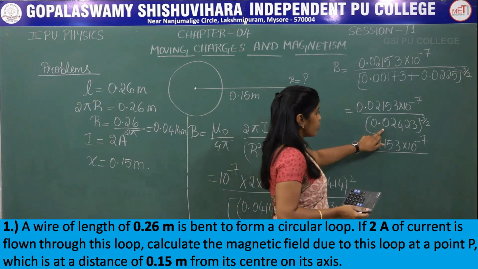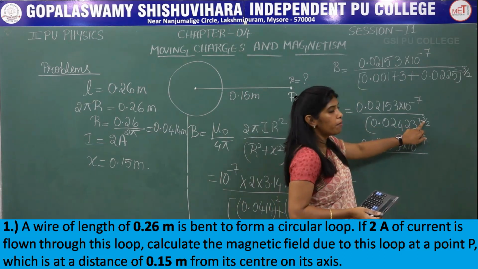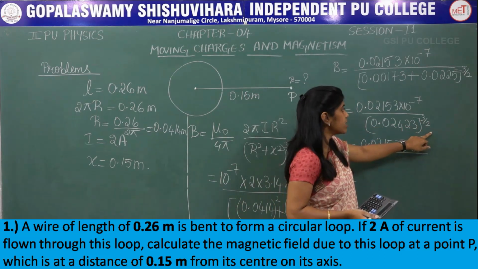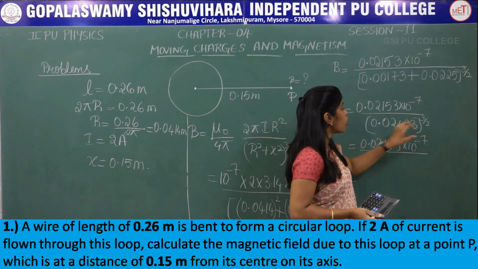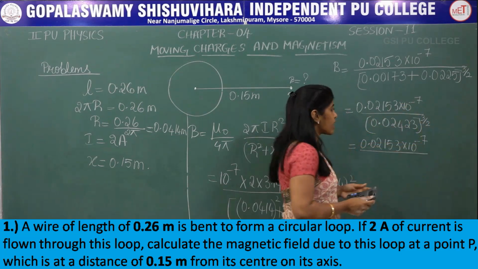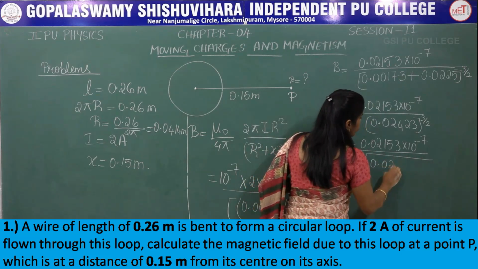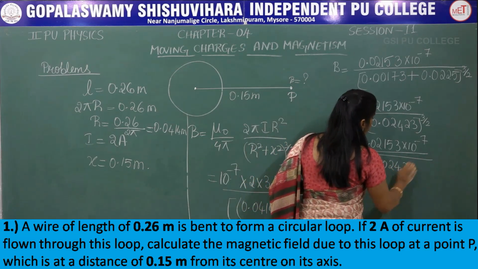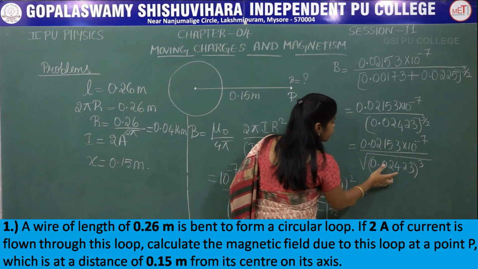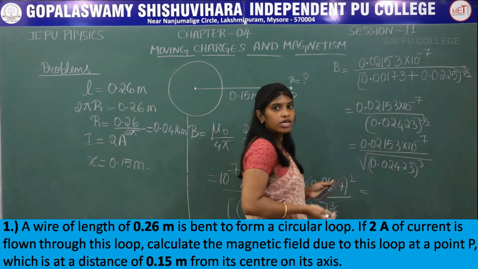Now you can see here, this is whole power of 3 by 2. That is, it is the square root of this cube. So I can write it as square root of 0.02423 whole cube. Now you have to cube this and remove the square root.